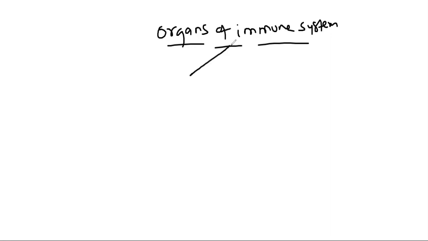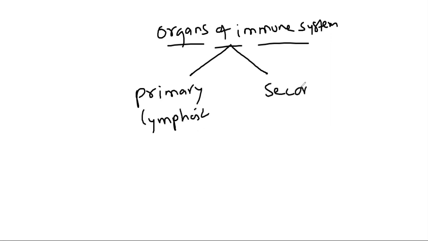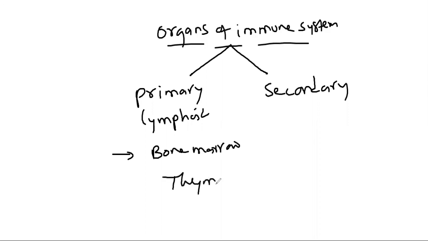Here, the organs are broadly classified into two types: primary lymphoid organs and secondary lymphoid organs. Now, primary lymphoid organs: bone marrow and thymus.